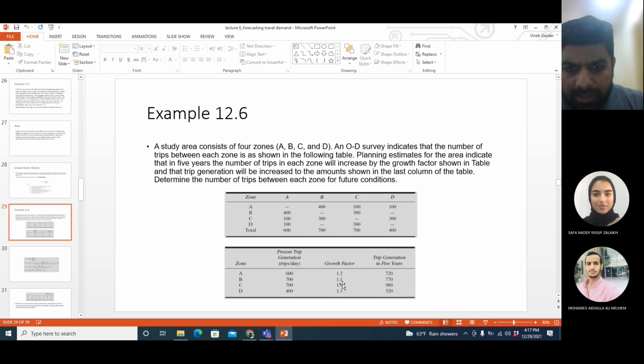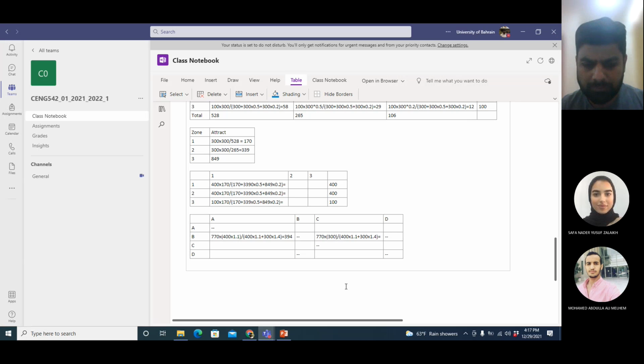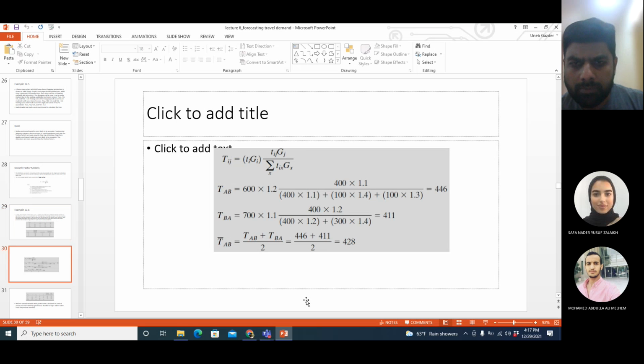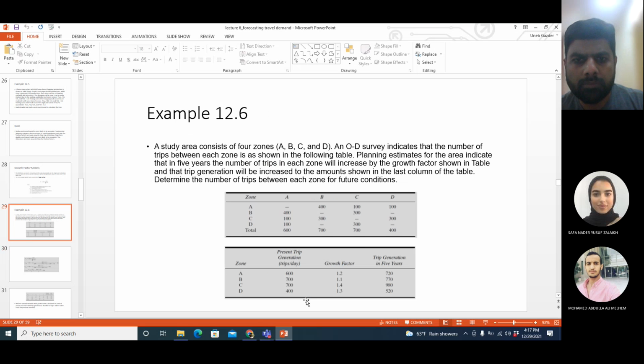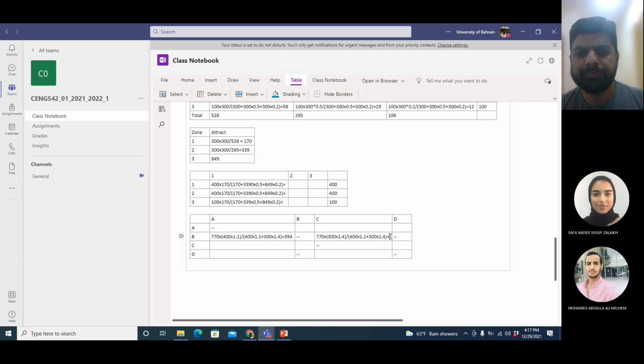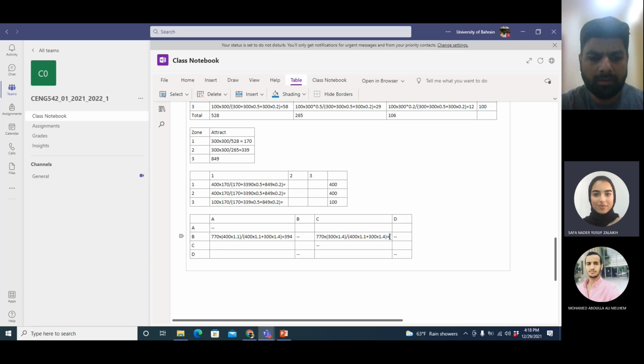For zone C, the growth factor is 1.4. The answer is 376.04.